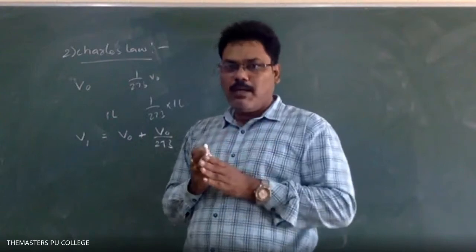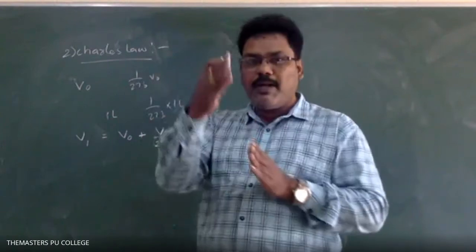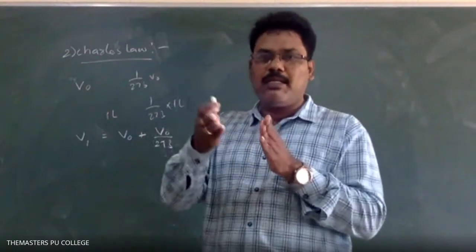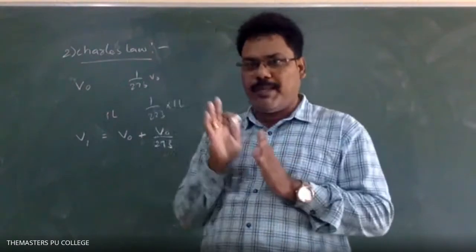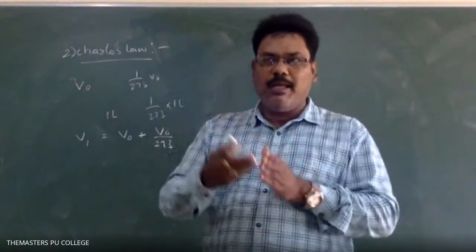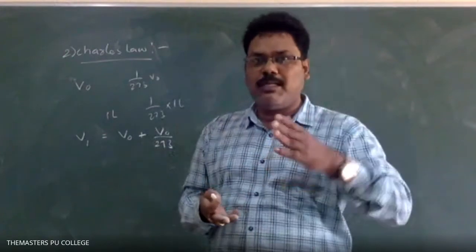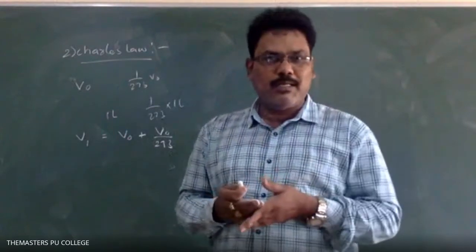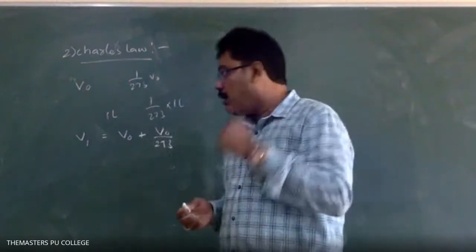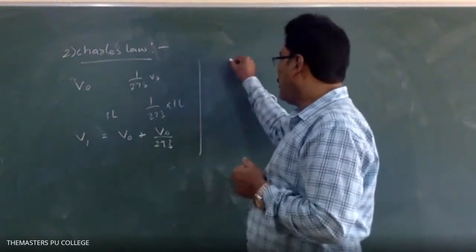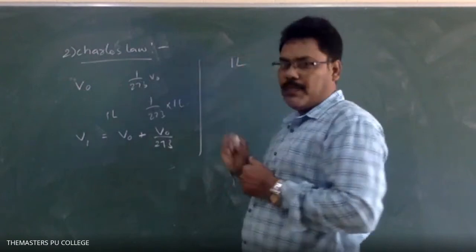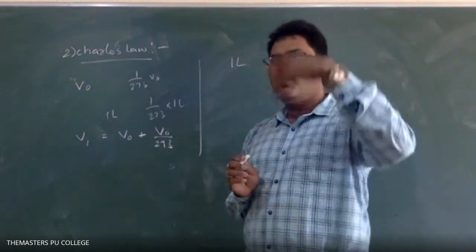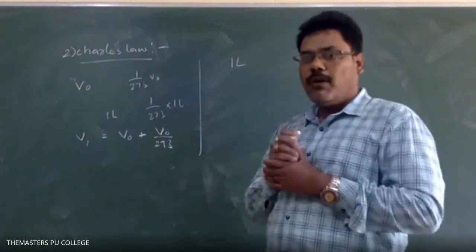That means if you increase the temperature by 1 degree Celsius, then the volume of that gas increases 1 by 273 times, simply. Generally we say 2 times increases, 3 times increases, 2.5 times, 4 times increases. For example, the initial volume of the gas is 1 liter. For 1 degree Celsius, if it increases 2 times, then what is the volume of the gas? Tell me.